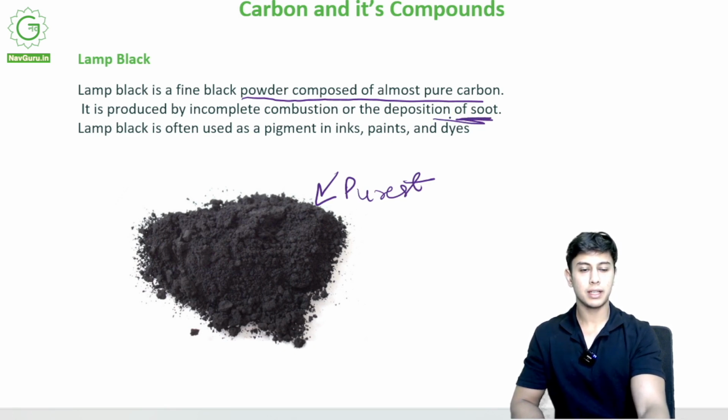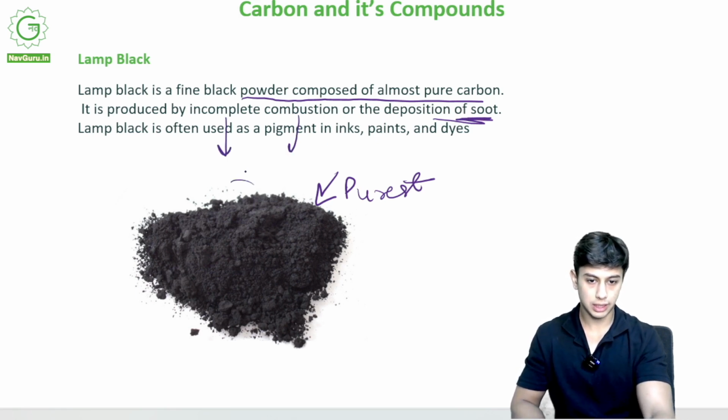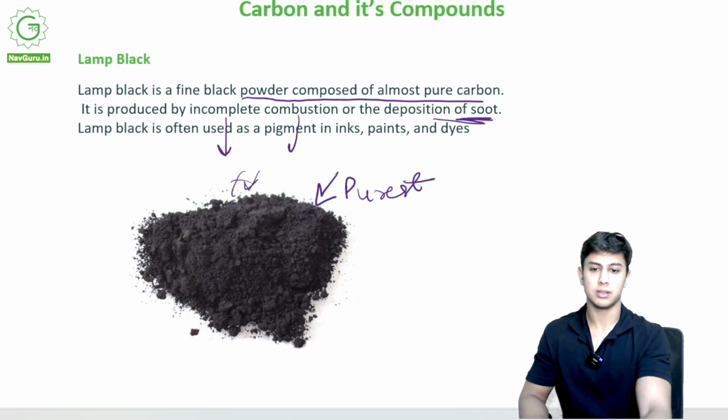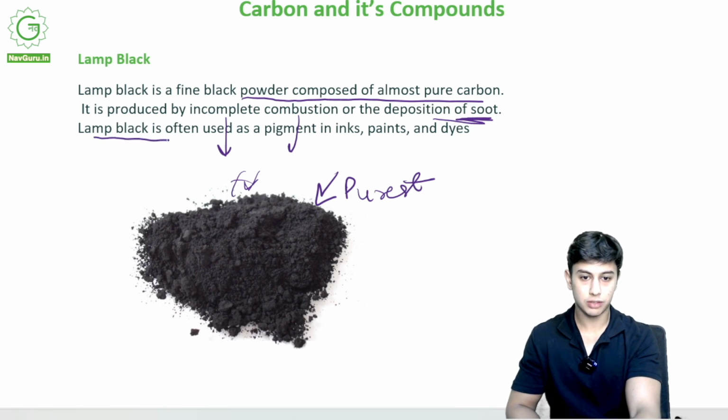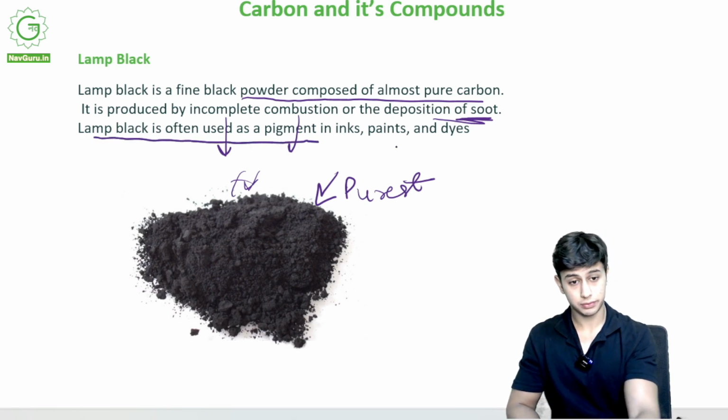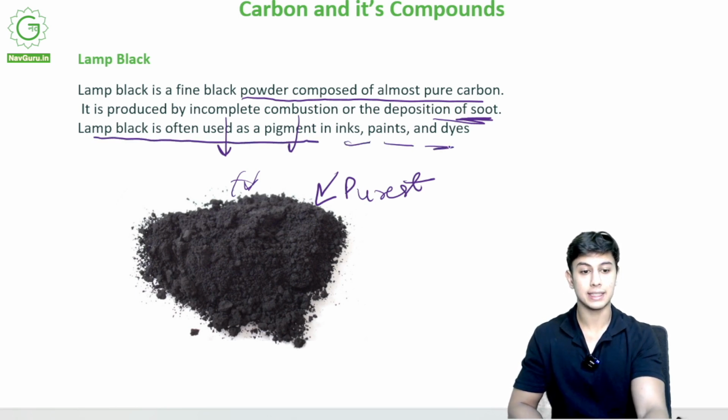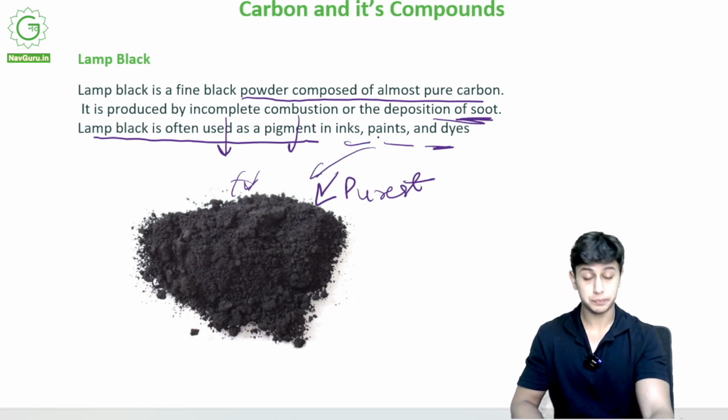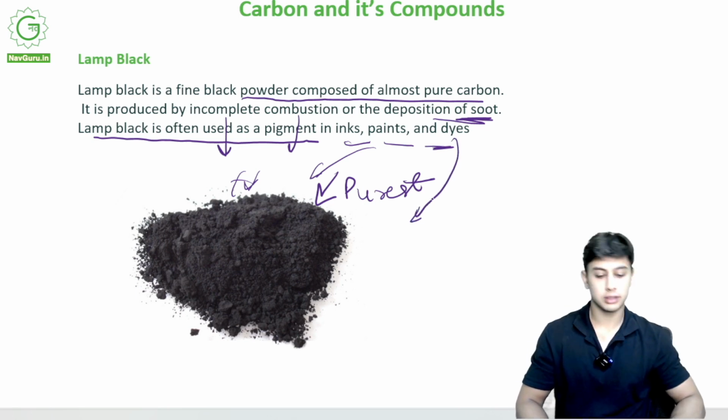Soot is from burning organic compounds, like plants. Lamp black is often used as a pigment in inks, paints and dyes. Since it is really black, we use it in paints, inks and dyes.